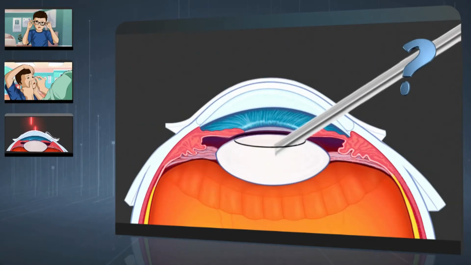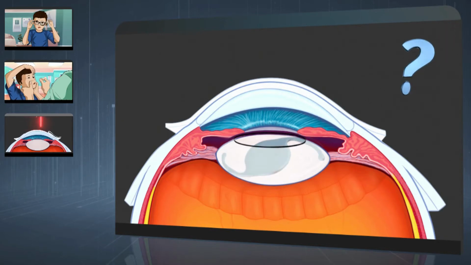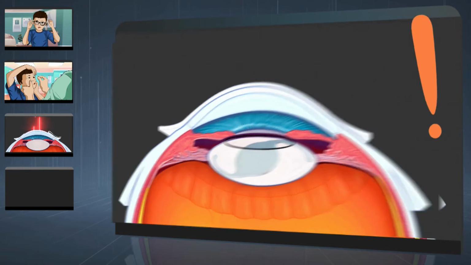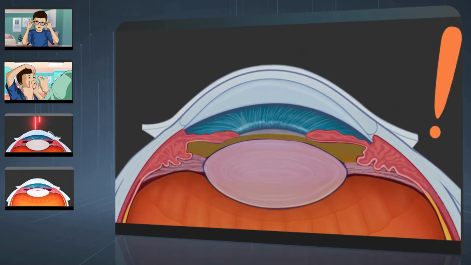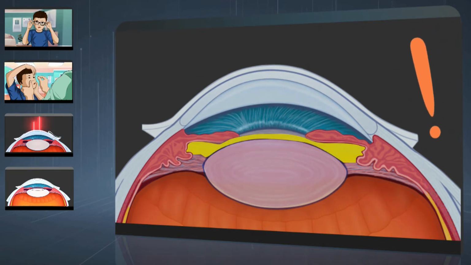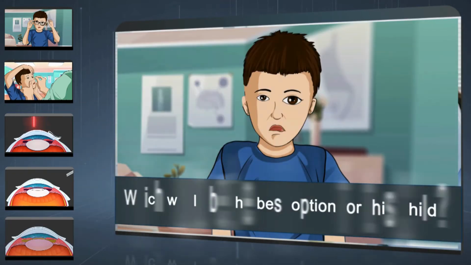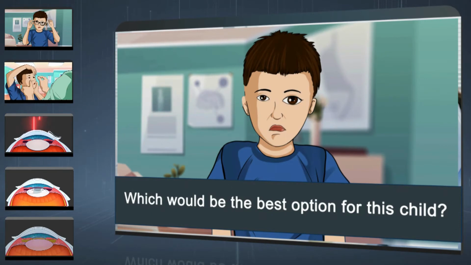Are we willing to take away the accommodative power of the child at such a young age? Or is there a way we can visually rehabilitate this child using this potential space between the iris and the crystalline lens? The last option appeared the most appealing and physiological in this case of unilateral ophthalmos with high myopia.